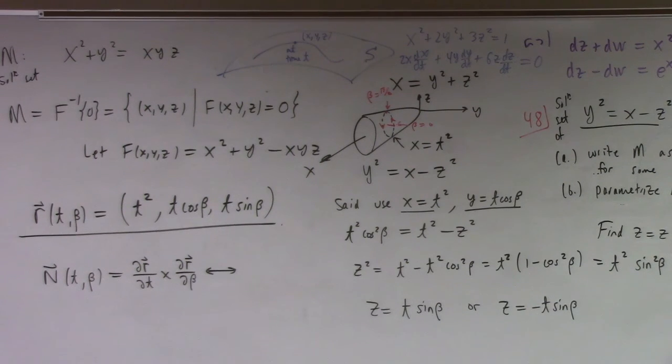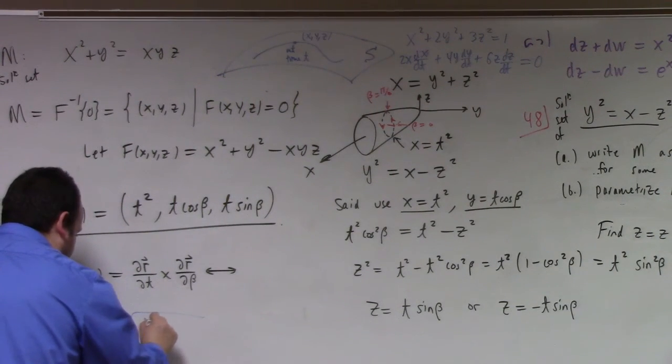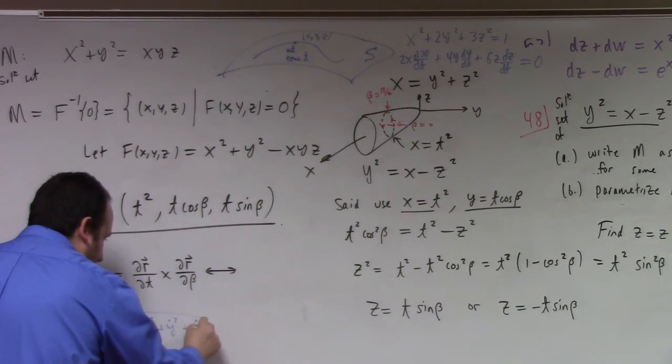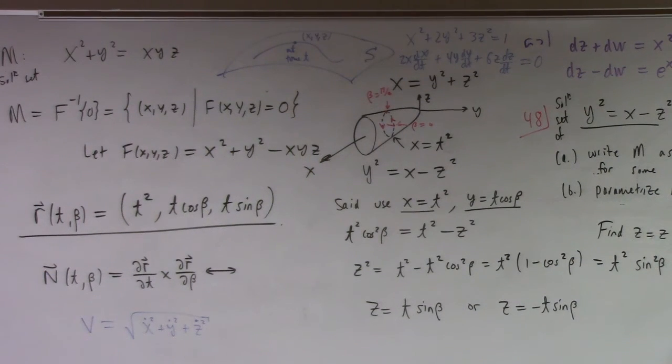How do we get the speed from dx dt, dy dt, dz dt? Do you guys remember? We square them and add them. So it's x dot squared plus y dot squared plus z dot squared, because I'm tired of writing dx dt, dy dt. But yes, dx dt squared plus dy dt squared plus dz dt squared, square root of all of that, that's the speed. That's what I actually asked you for.